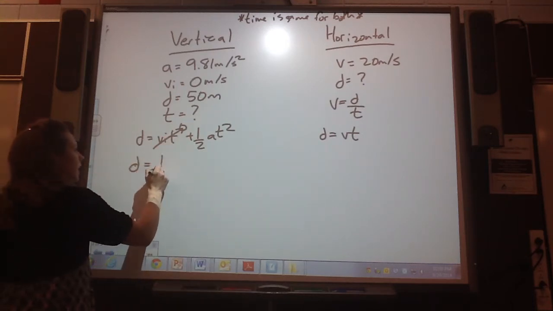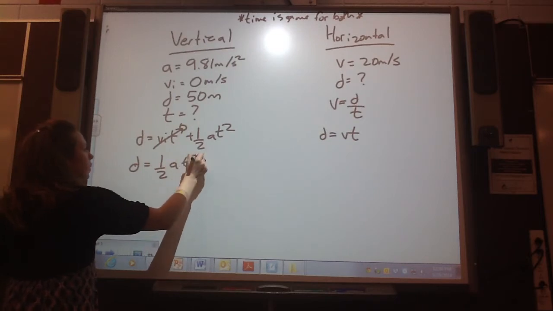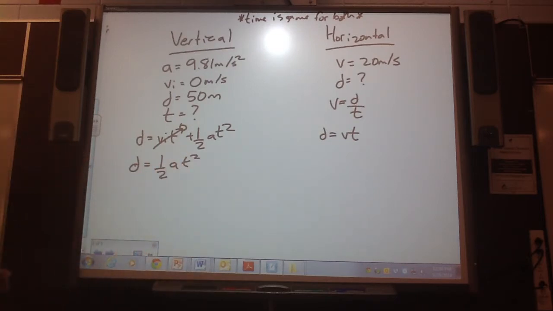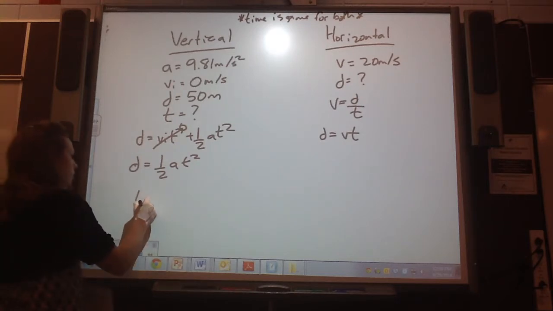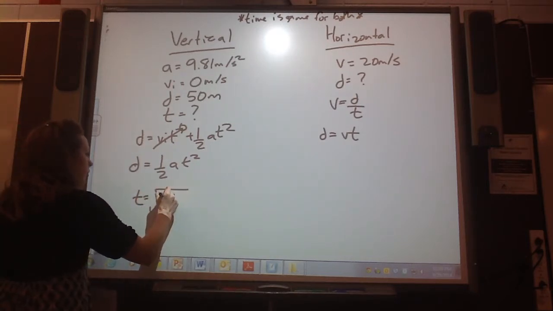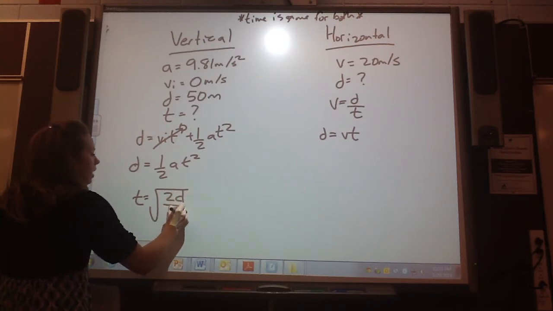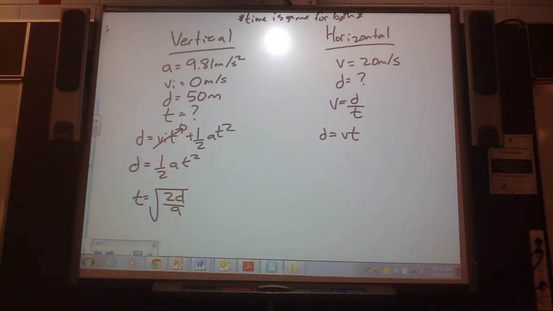So D is equal to half a T squared. This rearranged is T is equal to the square root of 2D over a. I'm not going to spend much time anymore explaining how I rearrange things because that's a skill that we need to be able to apply ourselves.